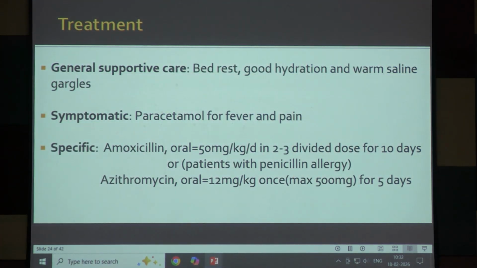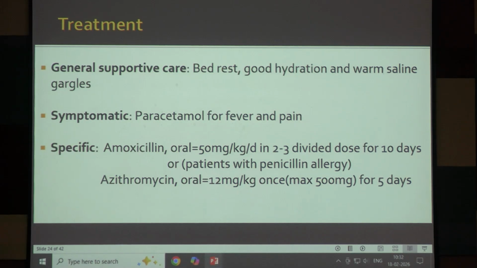How to treat a case of pharyngotonsillitis? Bed rest, good hydration and warm saline gargles. Basically gargles are for older children, at least more than 7 to 8 years. For younger children we can give any warm fluid. Okay.